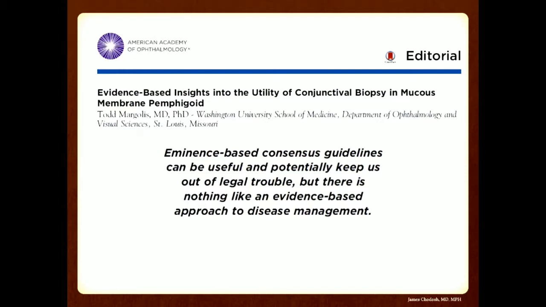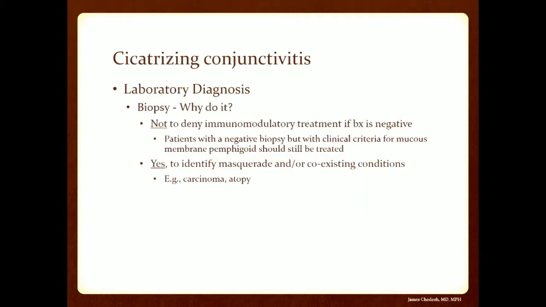We talked yesterday about the reason to do a biopsy being that you can find associated diseases or masquerades. So why do a biopsy? I don't do a biopsy to deny immunomodulatory therapy. I'm not doing a biopsy because if it's negative, I'm going to withhold therapy. Patients with a negative biopsy but with clinical criteria for pemphigoid should still be treated.